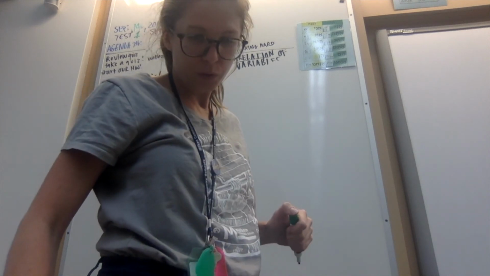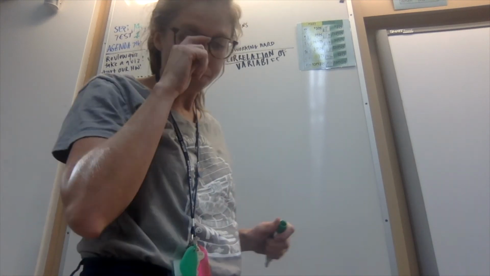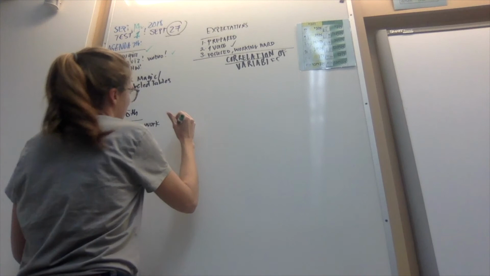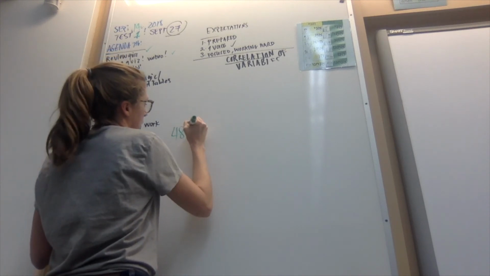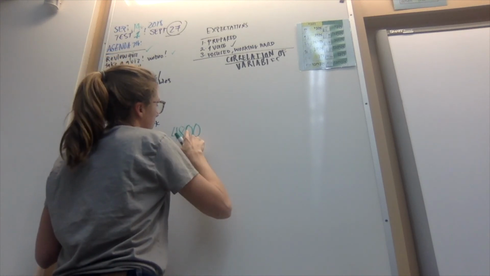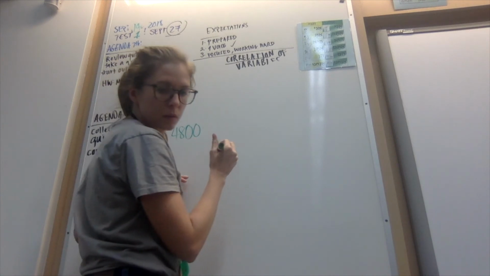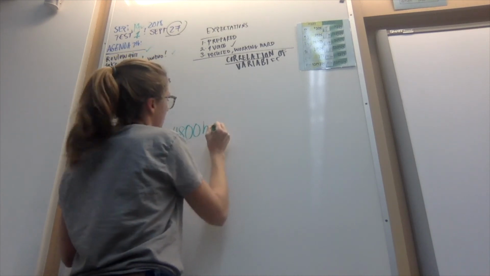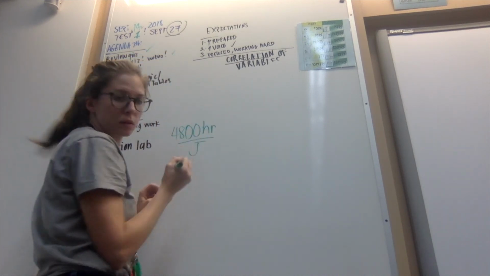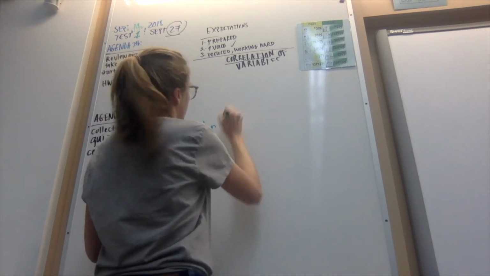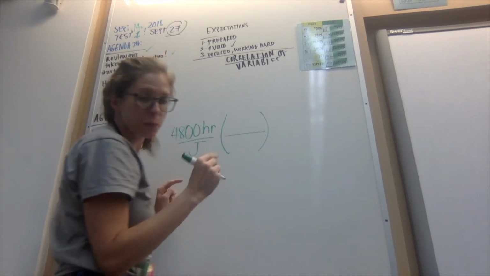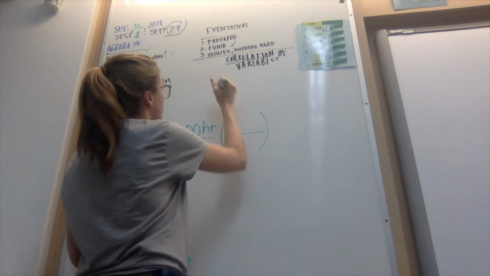Okay, I'll do one more. 4,800 hours per joule to minutes per kilojoule. That's where we're going.